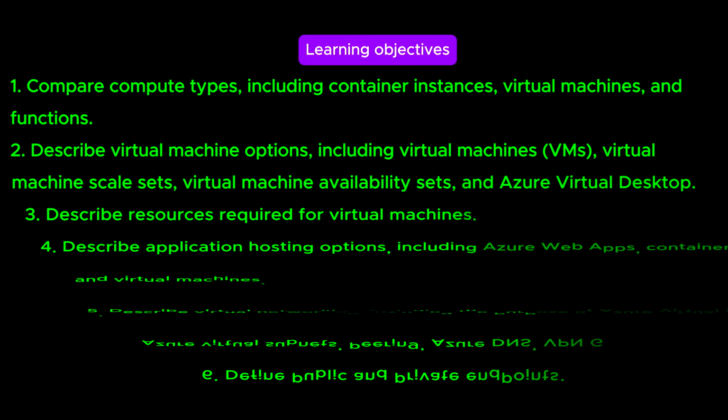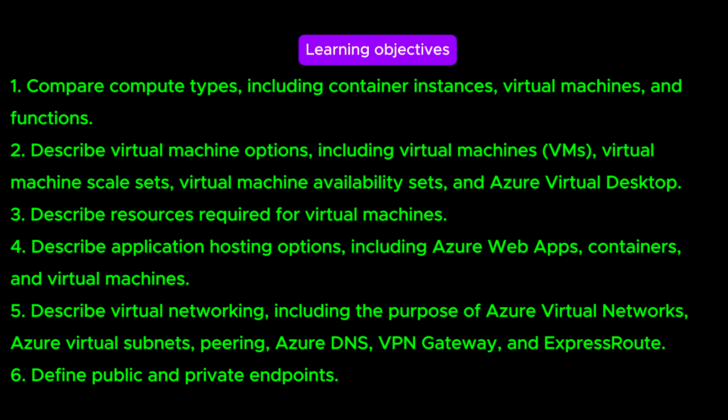You also learn about some of the networking features such as Azure virtual networks, Azure DNS, and Azure ExpressRoute. So the objectives are to compare compute types, including container instances, virtual machines, and functions.